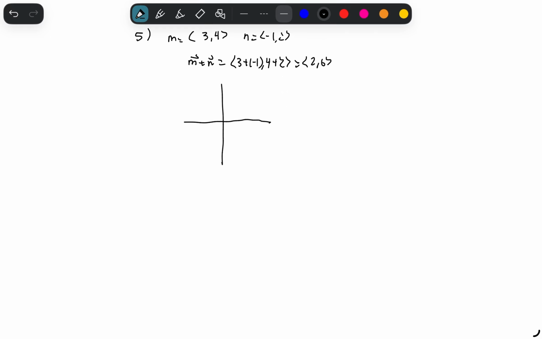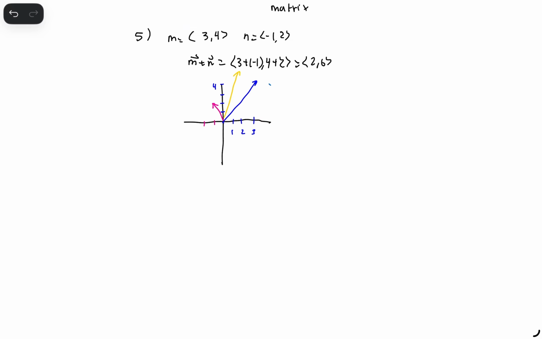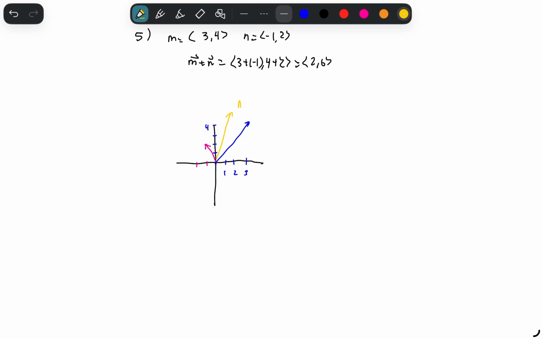If we had a 3, 4, that would be 3. And we would have negative 1, 2. If we wanted to find the sum of m plus n, our result, m plus n, would be somewhere in between. So that's going to be when we're at 2, 6.